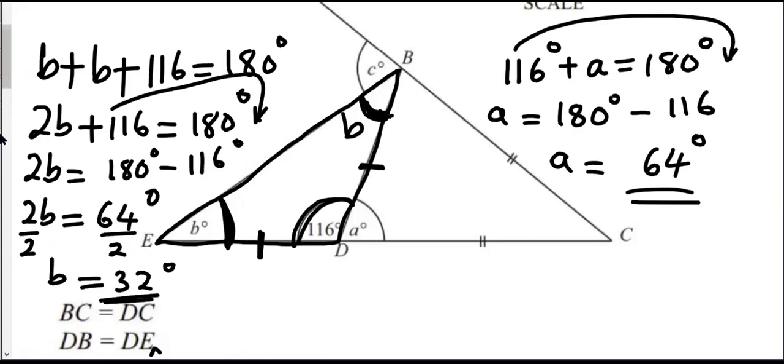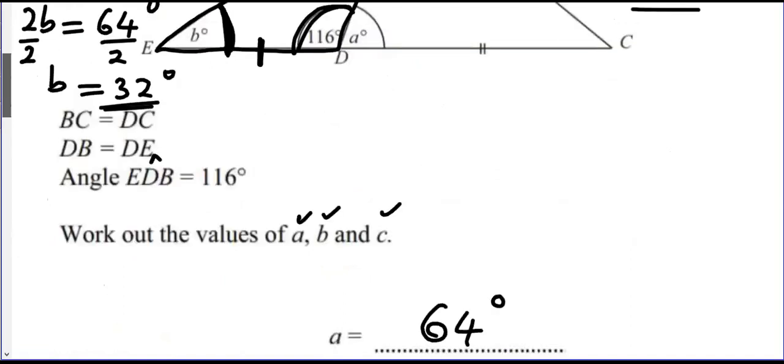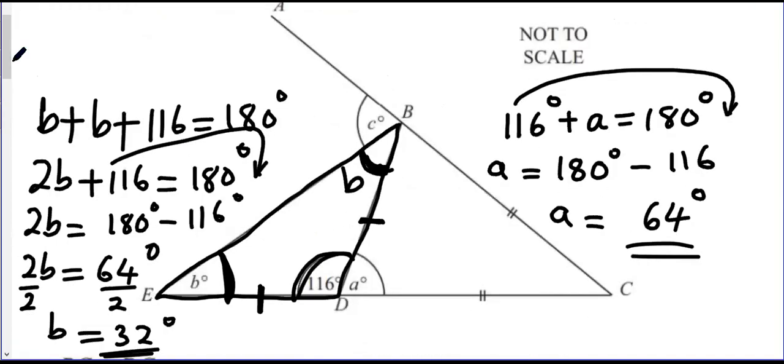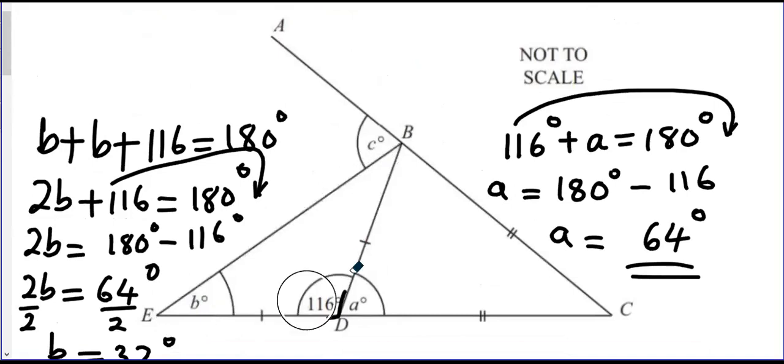Okay, so go ahead and write B is 32 degrees. How about C? Now C, let me erase this so that I can have a neat diagram. For C, let me talk about this triangle here.